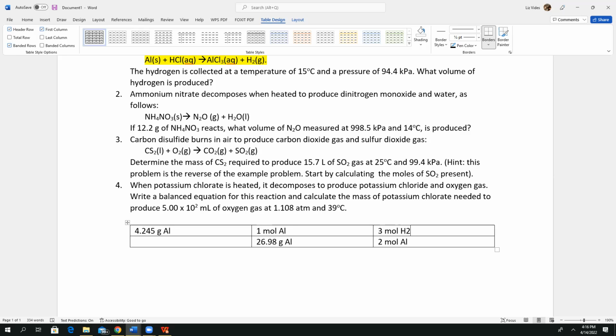Let me see. You should get, and don't forget you need 4 sig figs.